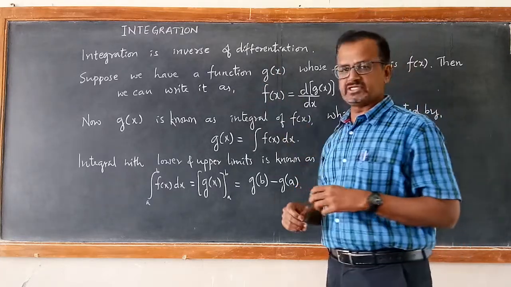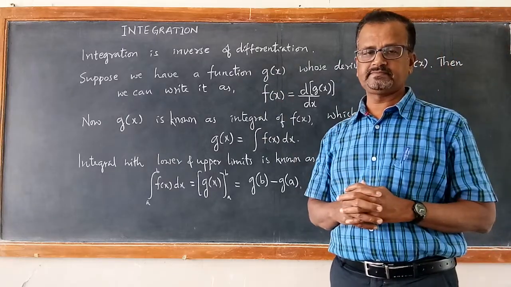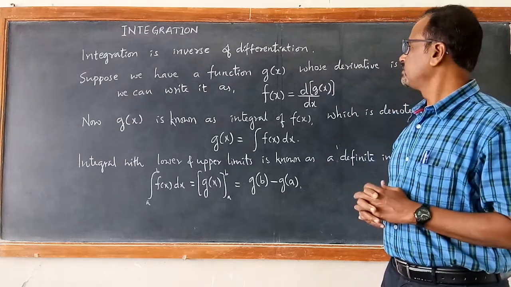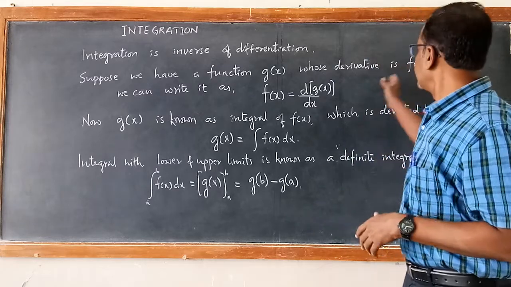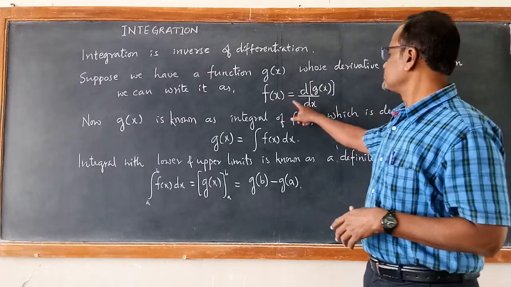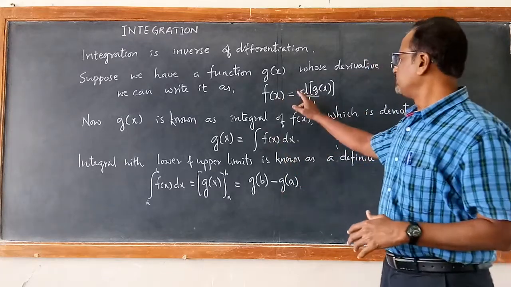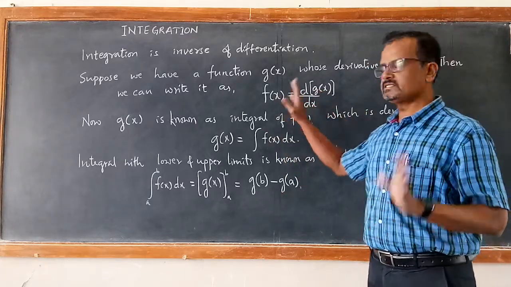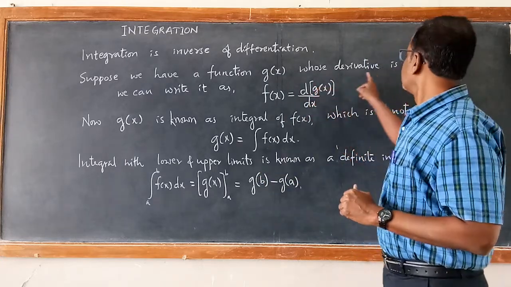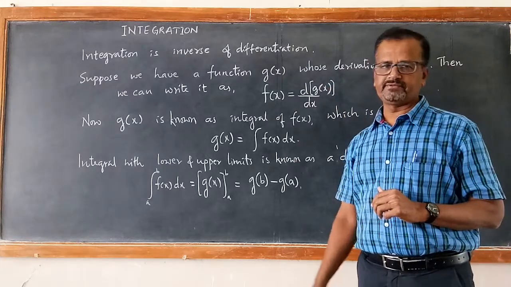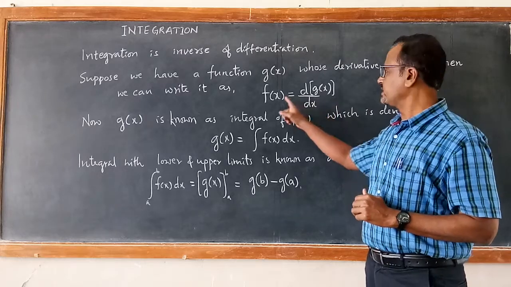Suppose we have a function g(x) whose derivative is f(x). We can write it mathematically: f(x) is equal to d by dx of g(x). In general, d by dx of g(x) is f(x). So when you differentiate g(x) with respect to x, we get f(x).